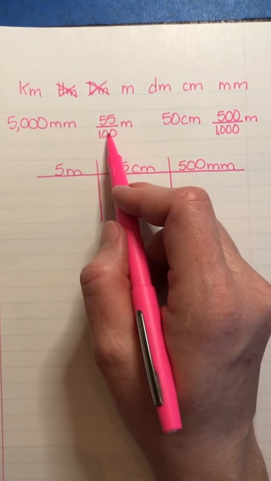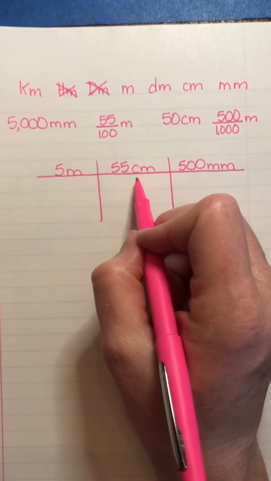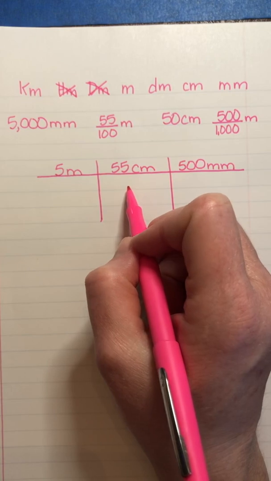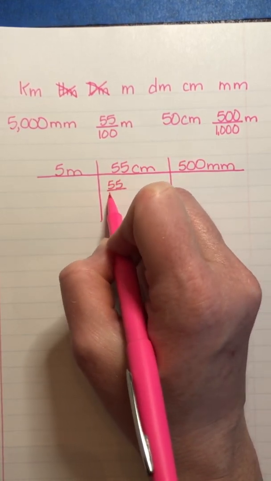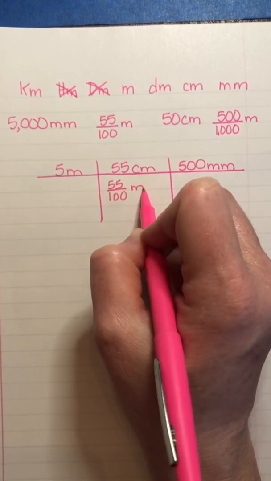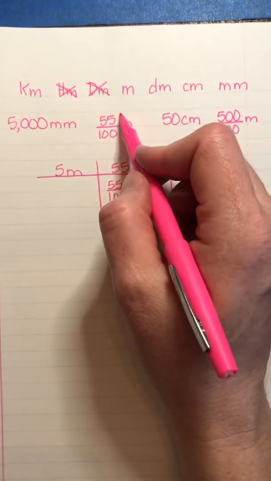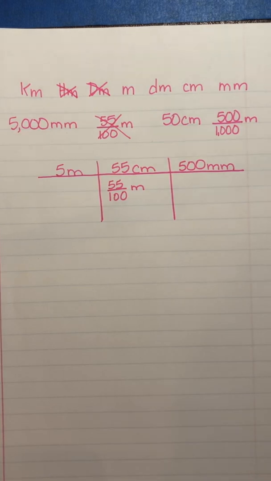So is 55 hundredths meter the same thing as 55 centimeters? It is. So I can put my 55 hundredths meter right in this column. And then I can cross it off because I am done with that.